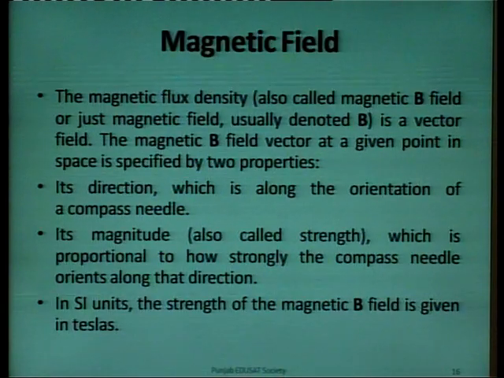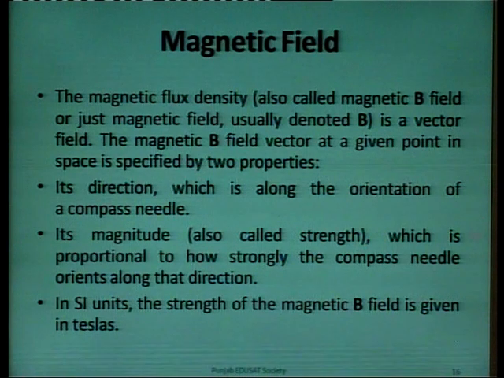The magnetic B field vector at a given point in space can be specified by two properties. First is its direction, which is along the orientation of a compass needle.